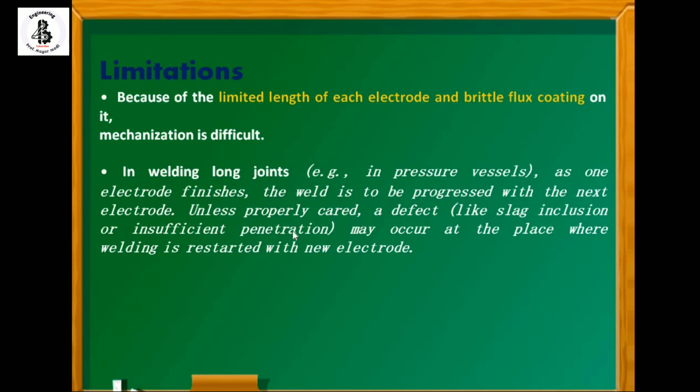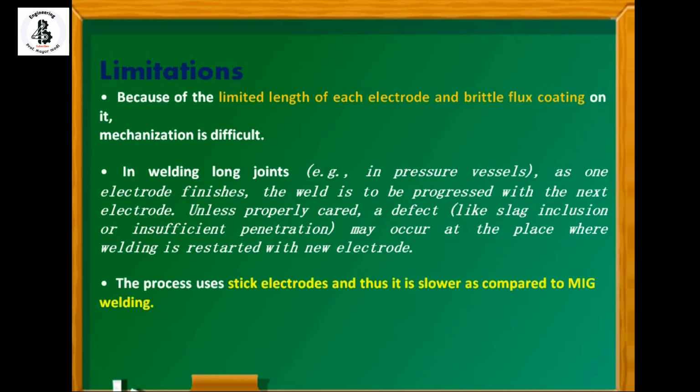Unless properly cared for, defects may occur at the place where welding is started with a new electrode. That is due to the consumable electrode being used, which has a limited length. Such kinds of defects will be found in SMAW welding.